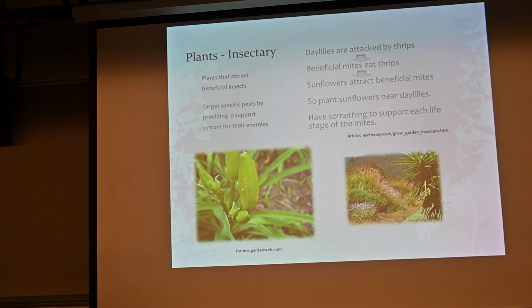So what can I do to attract beneficial mites? Sunflowers. I plant sunflowers near daylilies, and I need something to support each. And this is like butterflies, if you don't have something that supports the caterpillar, it's not going to work. You need something for each life stage.